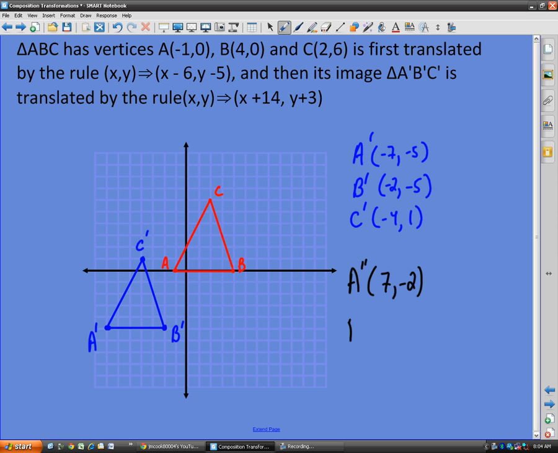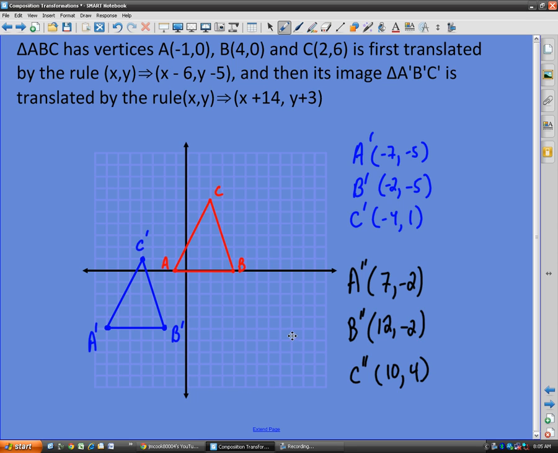B double prime is the same thing: adding 14 to -2 gives me 12, and adding 3 to -5 gives me -2. And C double prime: adding 14 to -4 is 10, and adding 3 to 1 is 4. So it's going to be over here somewhere.